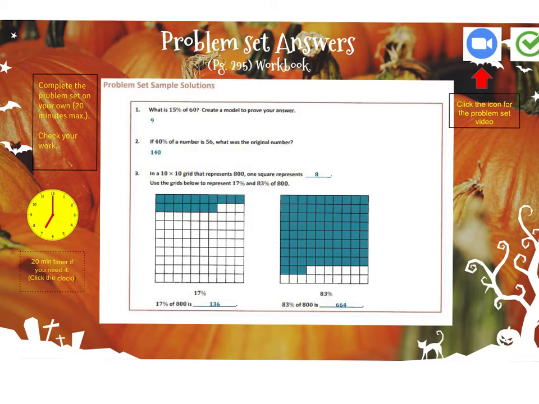Okay, what is 15% of 60? Create a model to prove your answer. They have the answer right there, but we're going to do a little bit more than that.